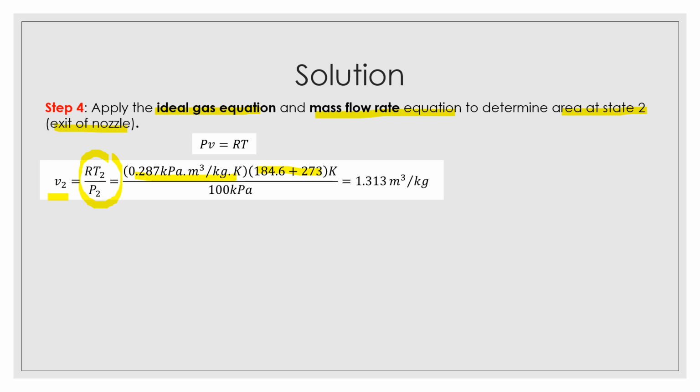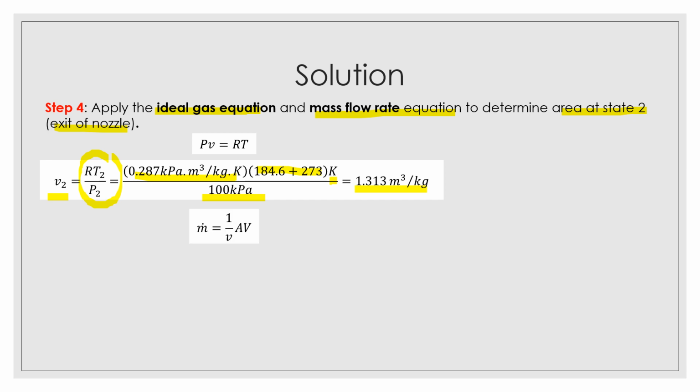We convert from the Celsius by adding 273 to become Kelvin, and then P2 is 100 kilopascal, and finally we obtain the specific volume is 1.313 meter cube per kilogram.